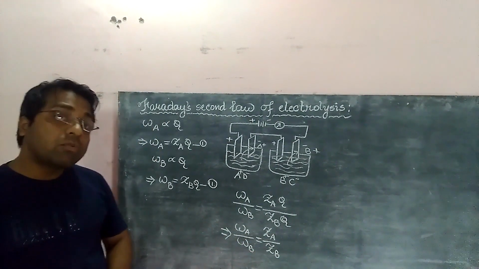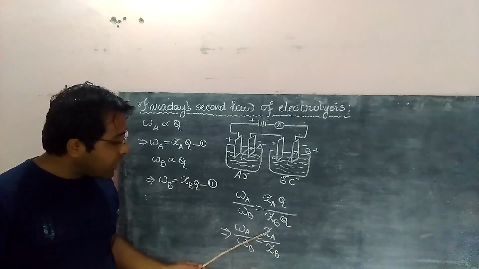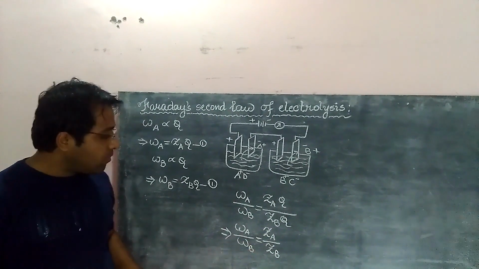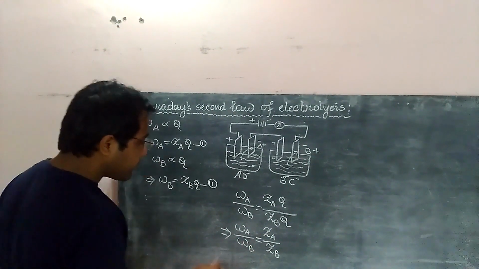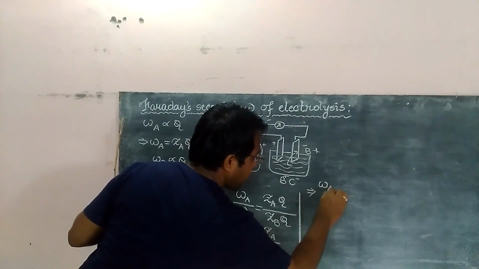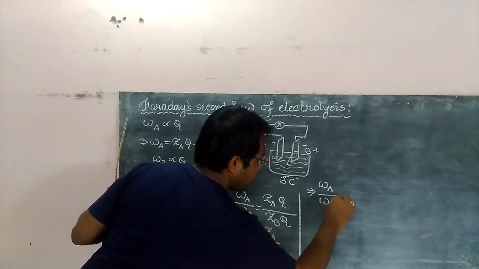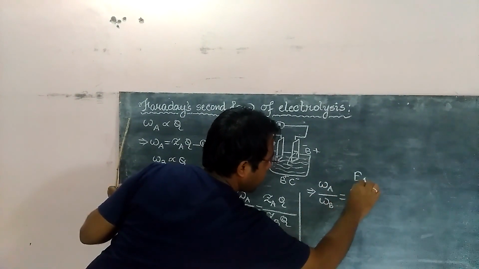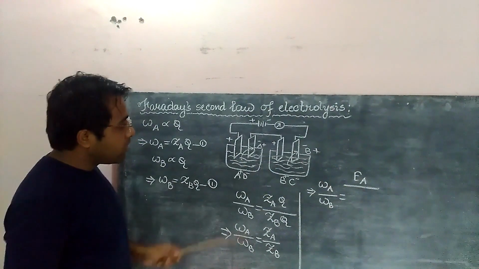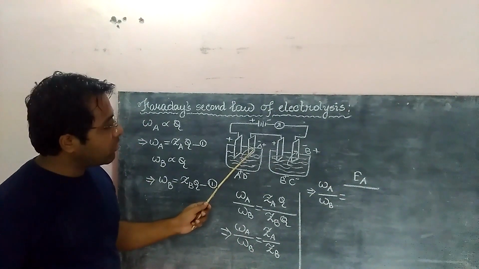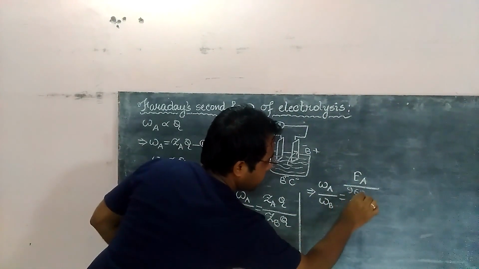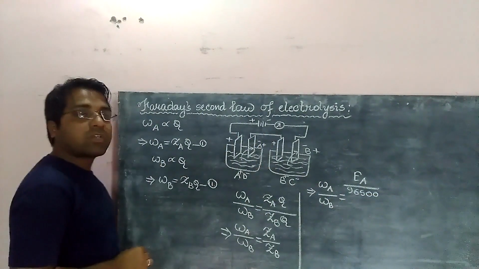And how to find out the value of Z? Z is called the electrochemical equivalent. So we can calculate Z by writing EA by 96500, where EA is the equivalent mass for the metal electrode which will be depositing over here, and 96500 is the charge.